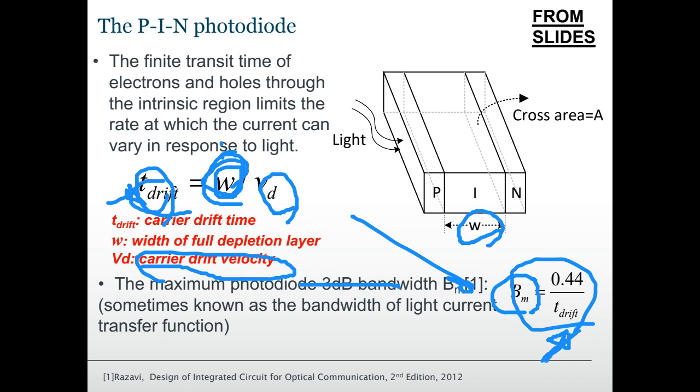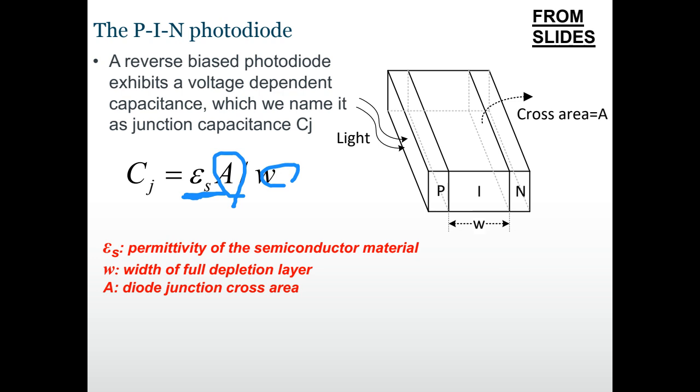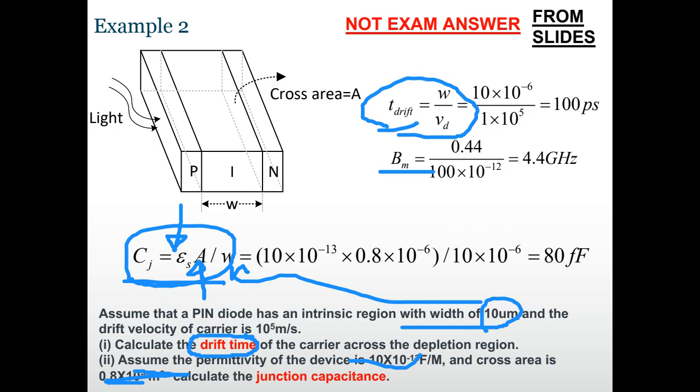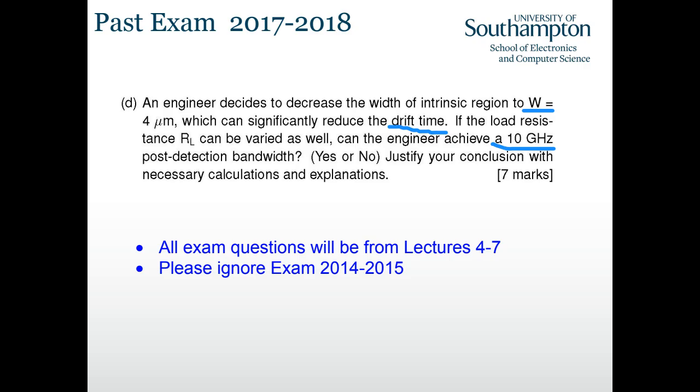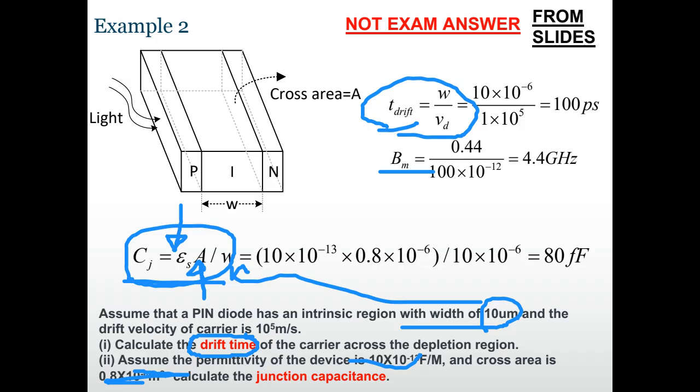But be careful, this bandwidth is the bandwidth of the photodiode. When we talk about the bandwidth of the whole post-detection circuit, we need to also consider the capacitance here. The capacitance of the photodiode is this.